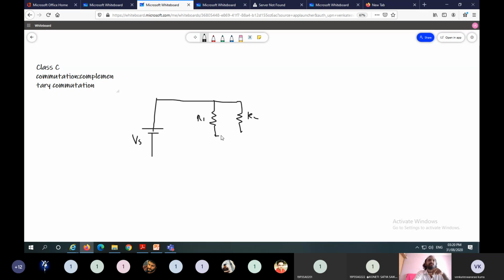And a capacitor is connected in between the two resistors like this. And this is one thyristor, this is T1, and this is T2.